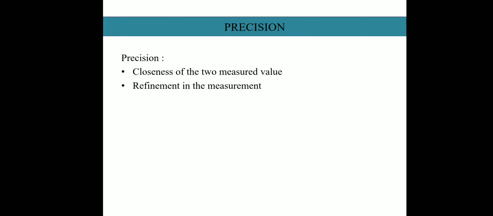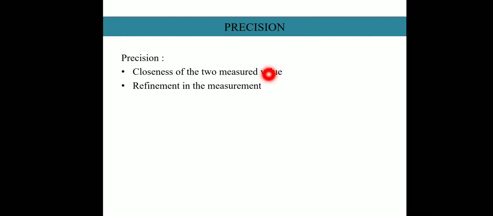Then the second thing, which is very common in science, is known as precision. Precision means the closeness of the measured values to each other. In the previous case, we measured only one time; now we are going to measure it many times.